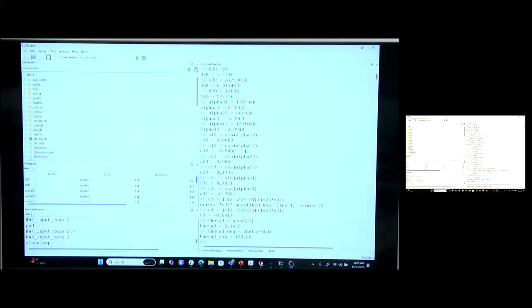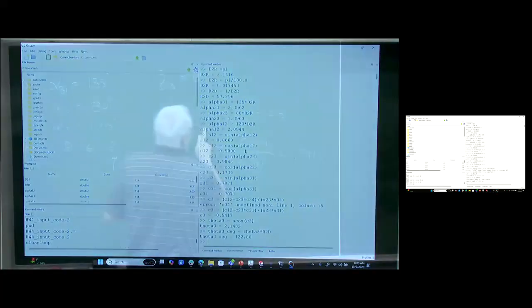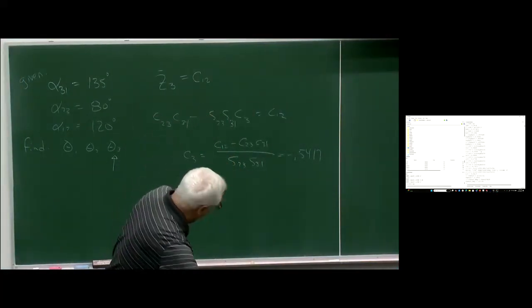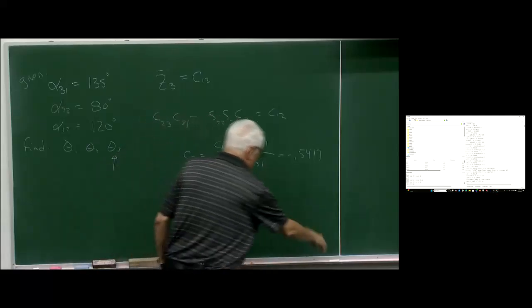Yep. For the equation for C3, I think the C12 should be the one that's being subtracted from. Oh, because of this negative? You are right. I use Maple.